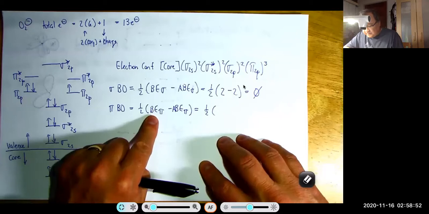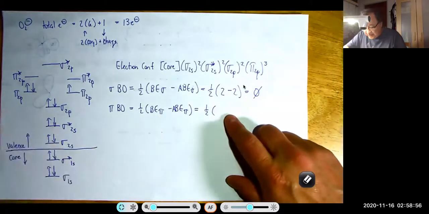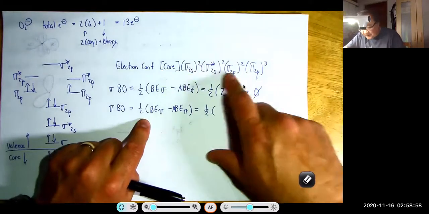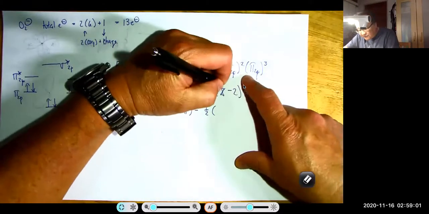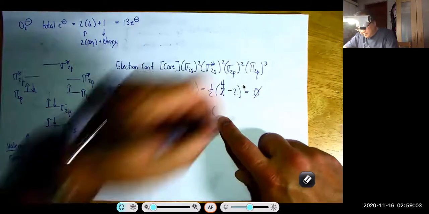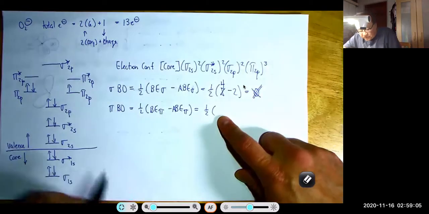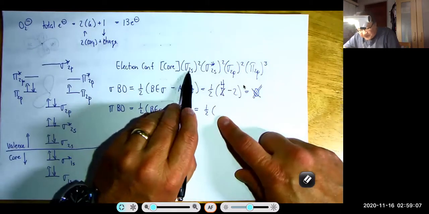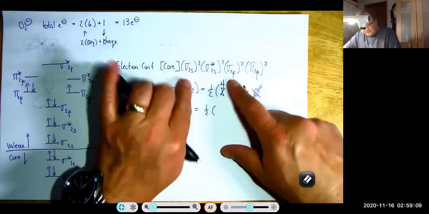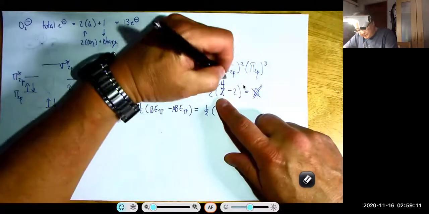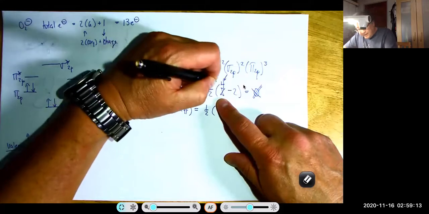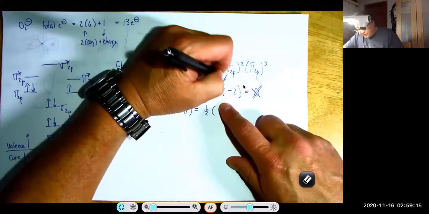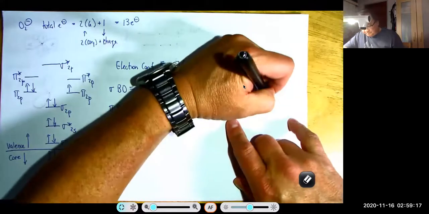Oh, do you see I made a mistake? Here's sigma 2s and here's sigma 2p. This should actually be 4. So sigma bonding 4. And these guys are those two, so it's a 1.